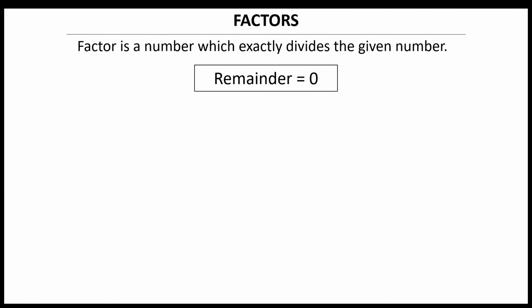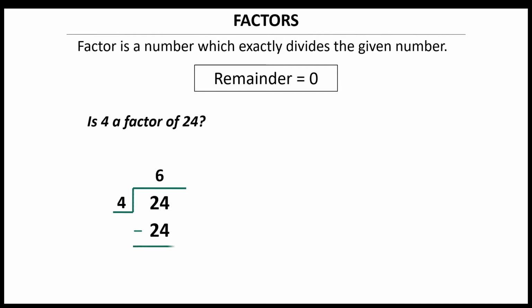For example, is 4 a factor of 24? To know if 4 is a factor of 24, we simply divide 24 by 4 and find out if the remainder is 0 or not. If we divide 24 by 4, we get the quotient as 6 and remainder as 0.